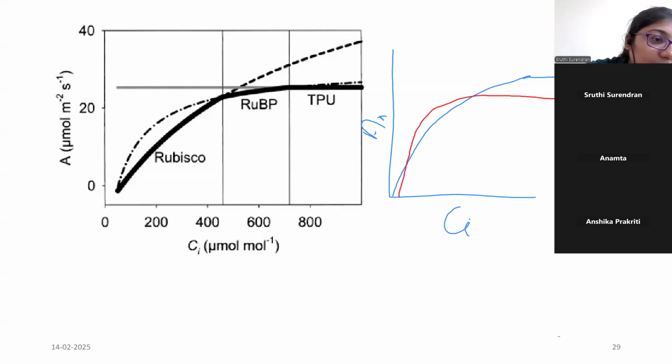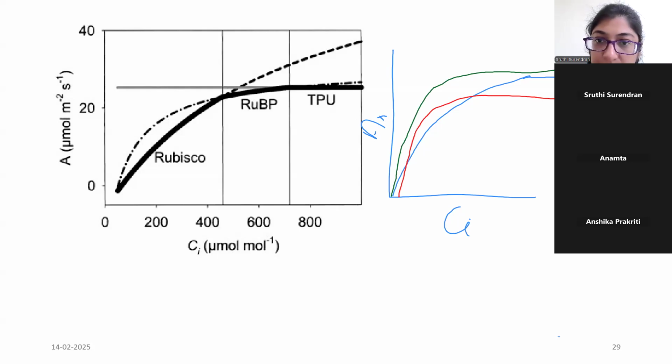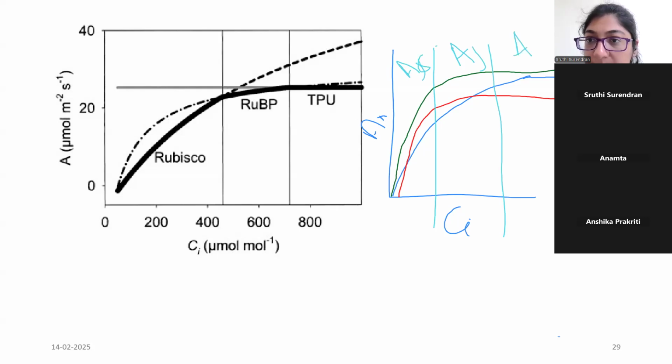And third, we'll get a curve something like this. This is the Rubisco-limited AC, this is AJ, and this is AP.